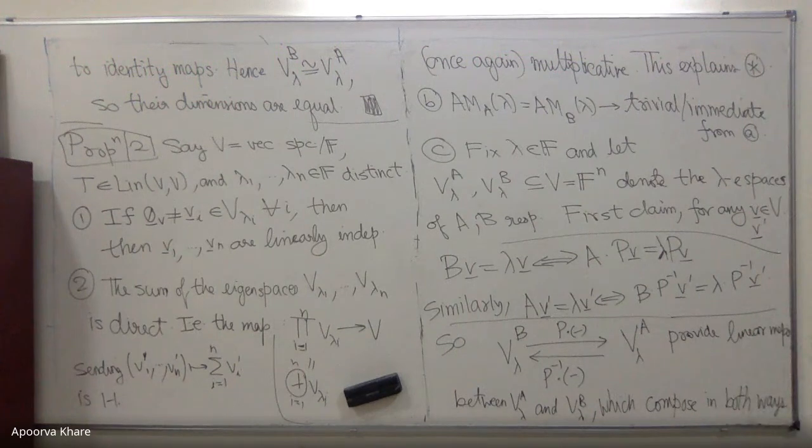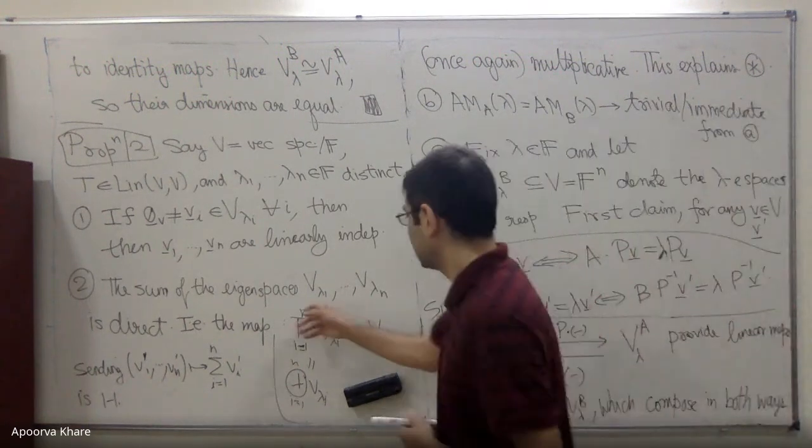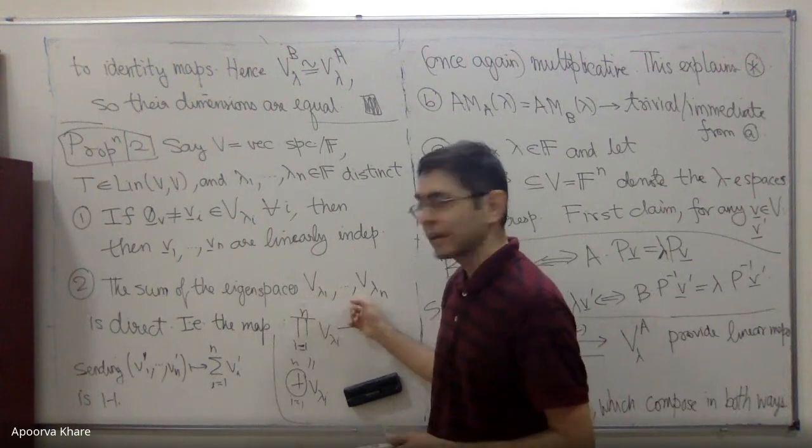Suppose my vector space was finite dimensional, or at least all these vector spaces were finite dimensional.